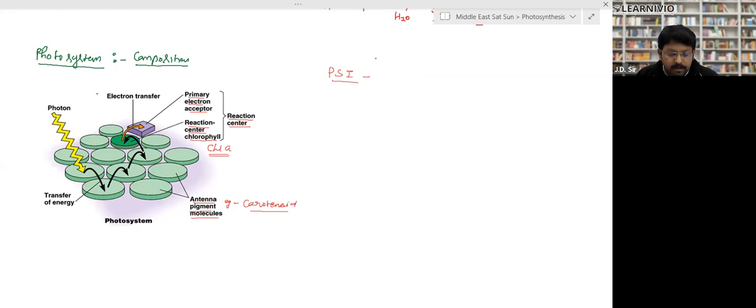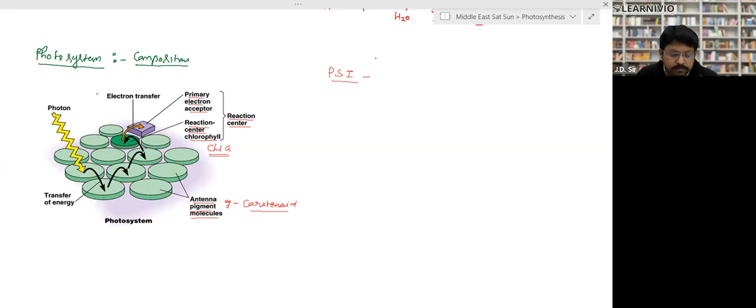They are named after the sequence in which they were discovered. This means photosystem first was discovered first, and photosystem second was discovered later on.